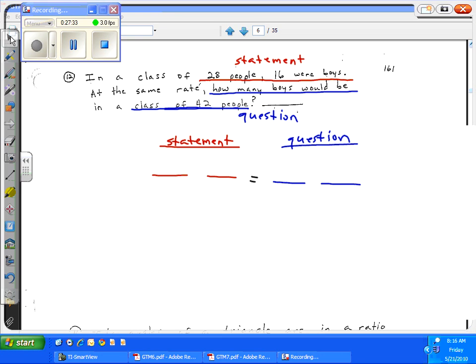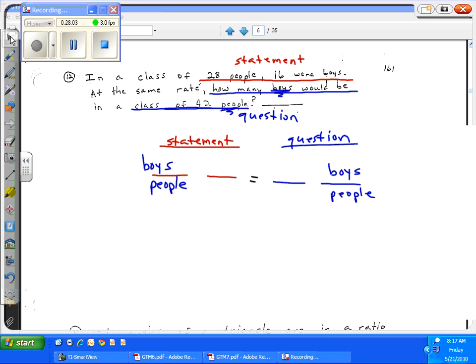And we always want to make the entire proportion say what the question says. The question is boys to people. So we're going to put our question in the form that the question ratio had it, boys, people. Now, if the question is boys, people, we have to make the statement be boys, people also.